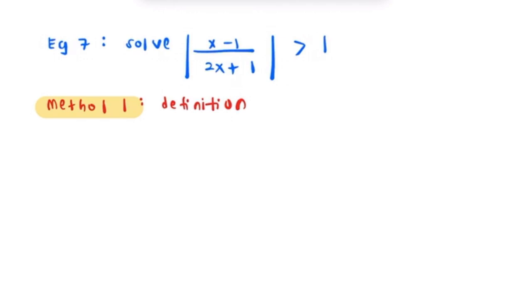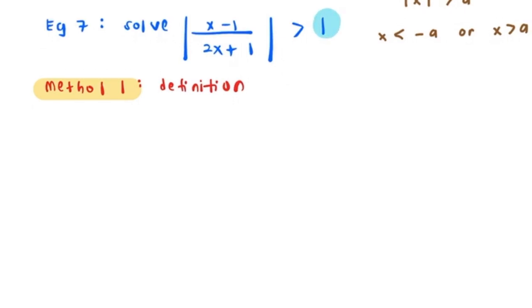So what is the second property? Just write back the second property, which is modulus of x more than a. You will have x less than -a or x is more than a. So in this case, your a will be 1. So this is your a.